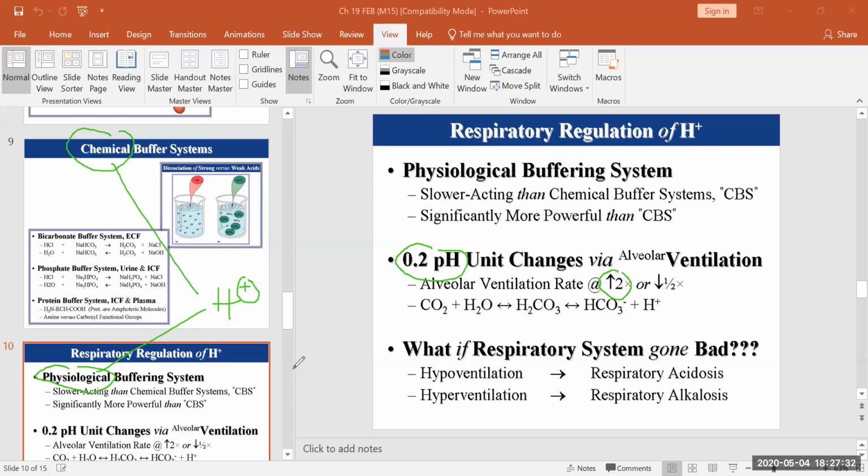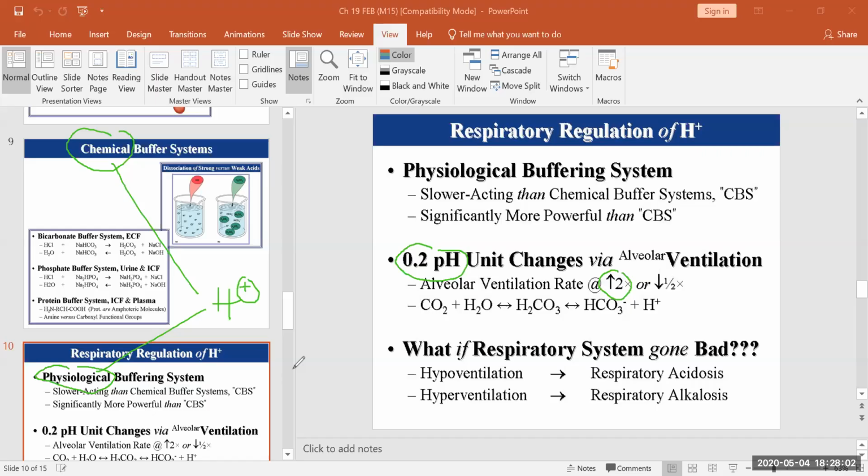Sooner or later, that accumulation will oversaturate both the chemical buffer and the respiratory buffer system. So both the chemical buffers and your lungs will no longer be able to deal with that much proton in the system. It keeps accumulating, so the problem has not been solved. It's just a quick fix, so we need something else.